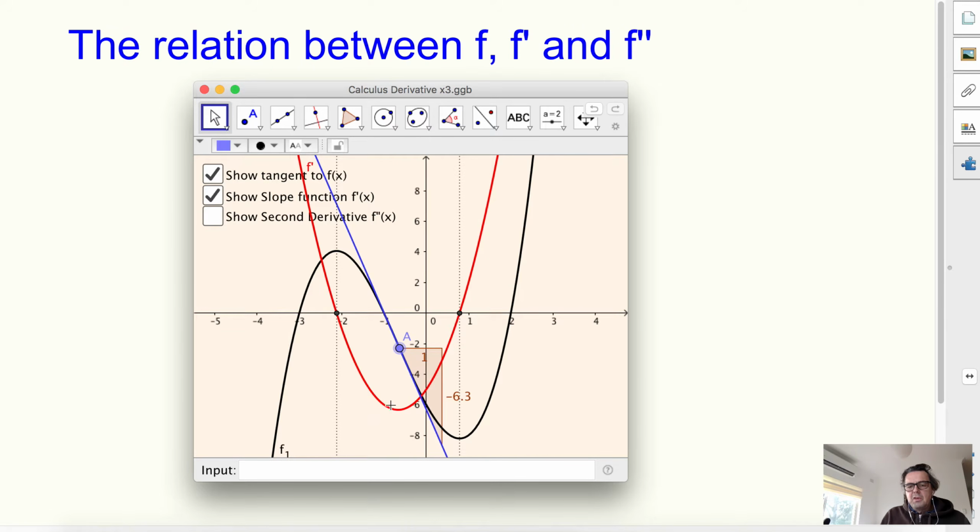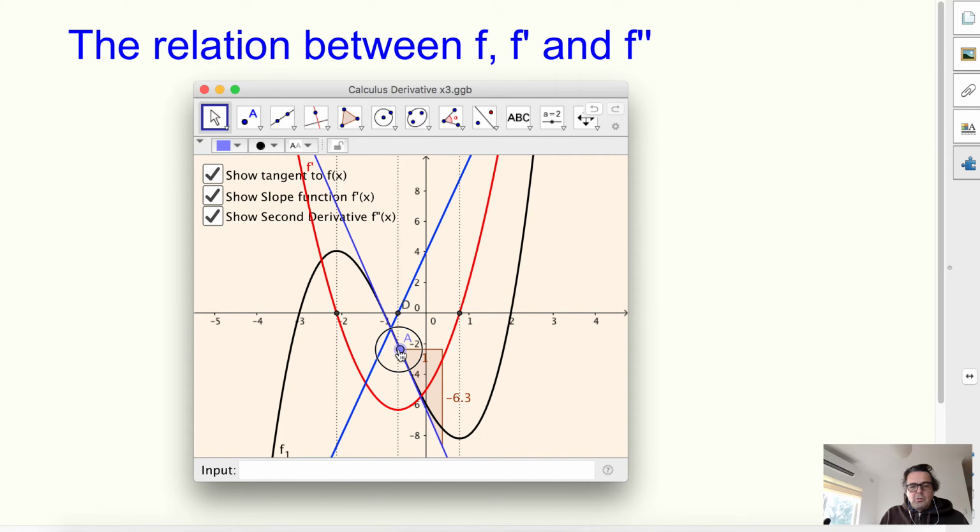So what happens there? Well, just as where the maximum of the function denotes a 0 for the derivative, and the minimum of the function is a 0 for the derivative, when we find a minimum for the derivative, that needs to be a 0 for the second derivative. And there it is.